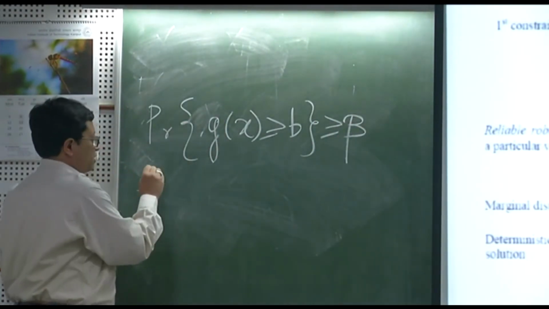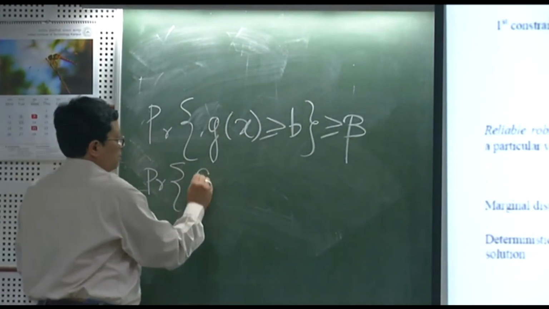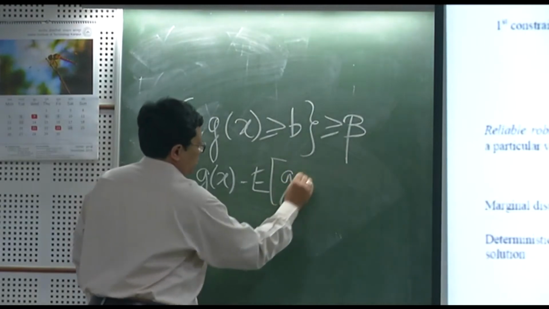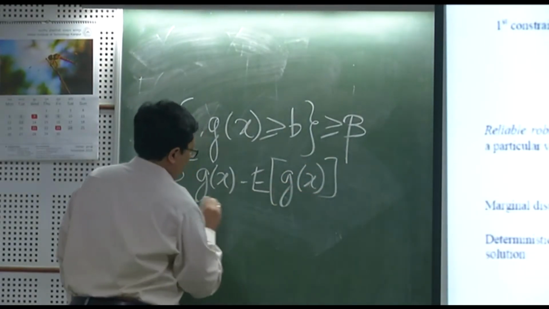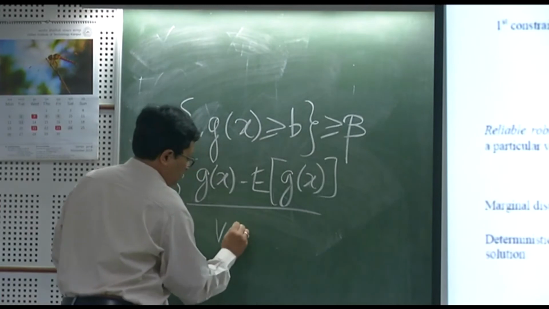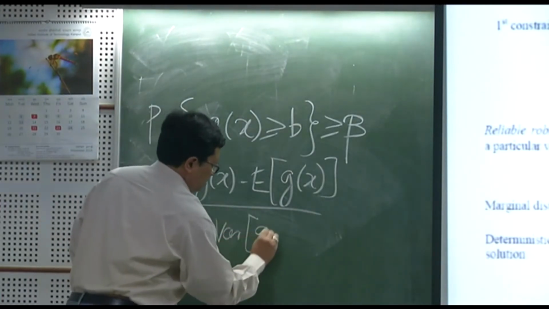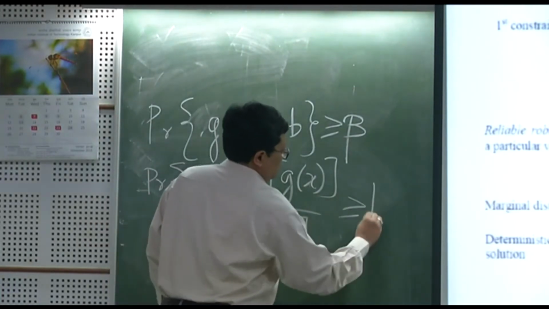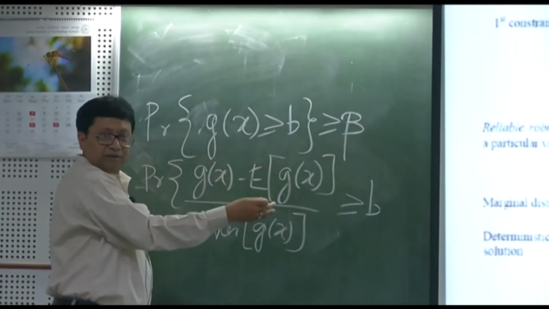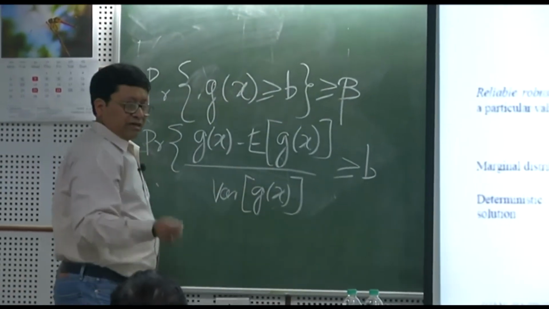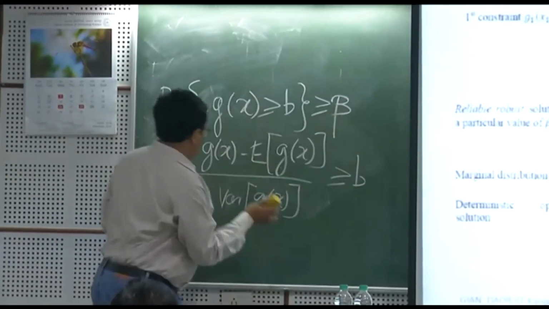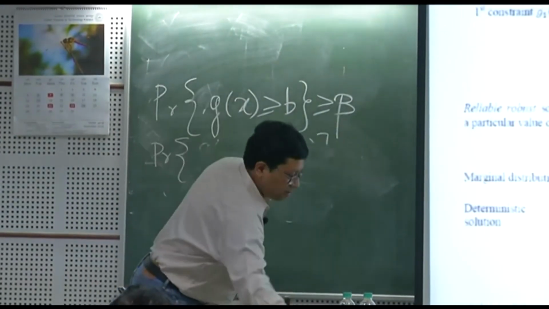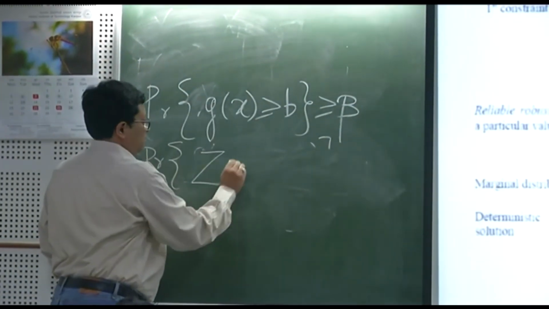So what you will do in a very simple case, this is the variance, and you basically subtract the mean value divided by the standard deviation. So at the end of the day, once you solve it, the beta value remains the same. So once you solve it, you have this.